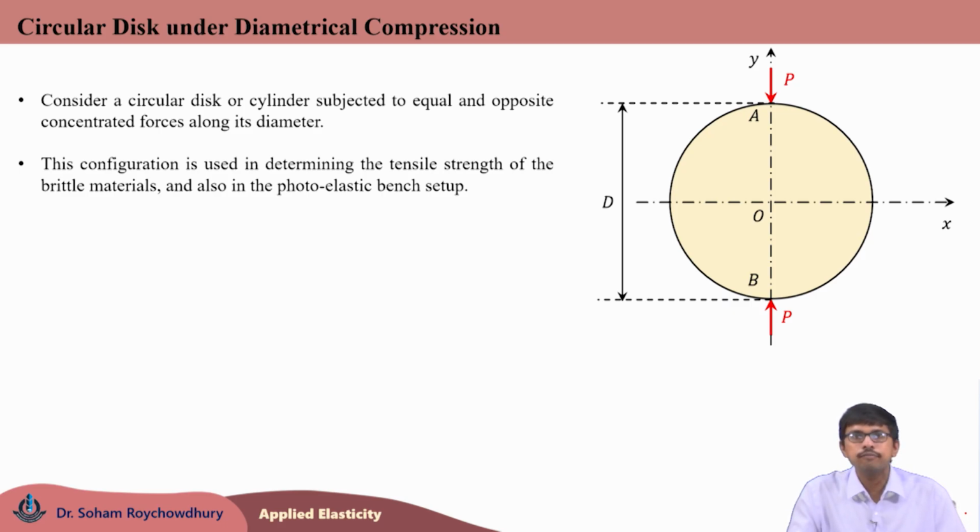Apart from that, in photoelastic bench setups also, this kind of samples are used to check the stress patterns using the effect of photoelasticity. Now let us look into the solution, the stress distribution generated within this circular disc when it is subjected to diametrical compression with compressive load P.